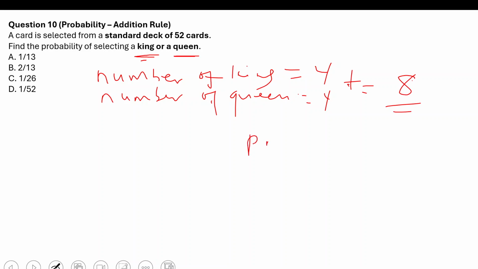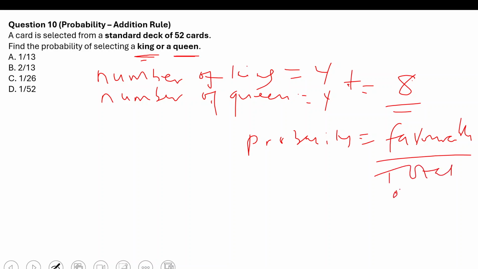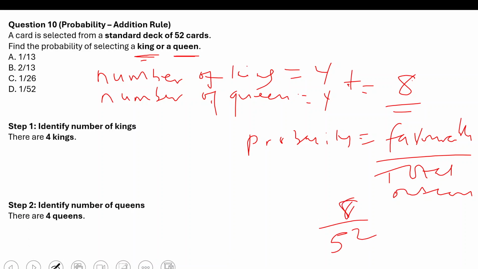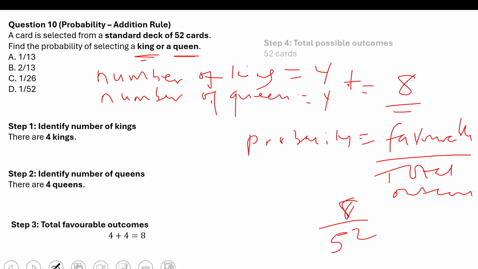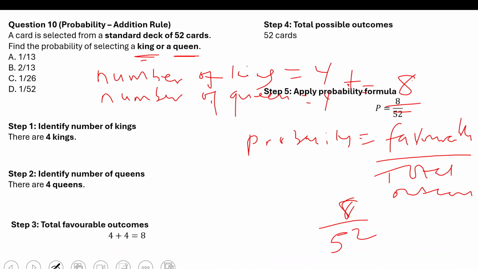Probability is defined as favorable, what we want to get, over total or possible outcomes. The total outcome is 52, so 8 over 52. By the time we do the math, we're getting 2 over 13, right? Yes, 2 over 13. All right.